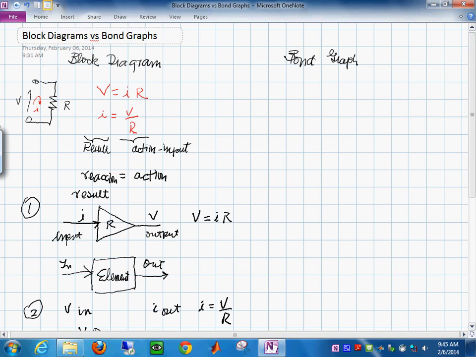But now I would like to address the bond graph approach. And so in this, we're going to use both of these.